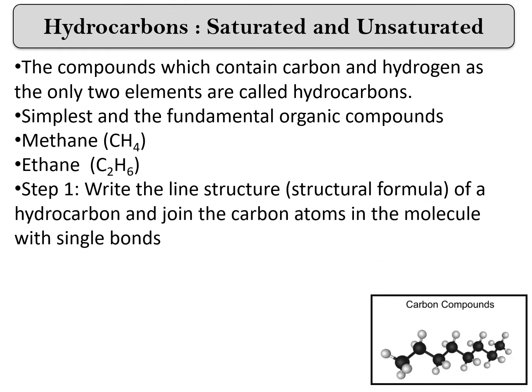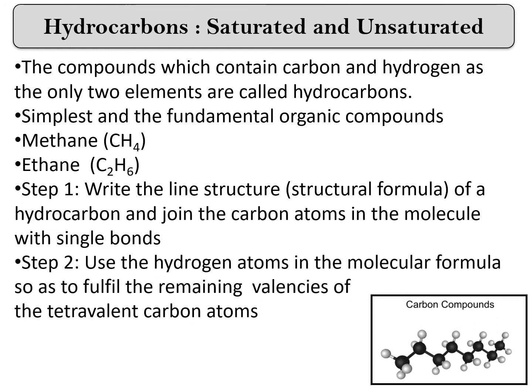Now we will see the steps to write the line structure, the structural formula of a hydrocarbon. Step 1: write the line structure of the hydrocarbon and join the carbon atoms in the molecule with a carbon bond. First we will see how many carbons there are. Then we will join the carbon and carbon with a single bond.